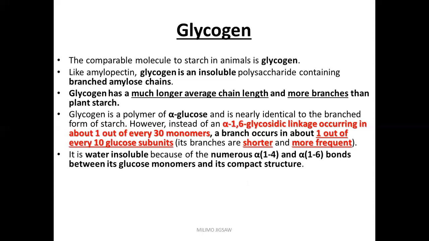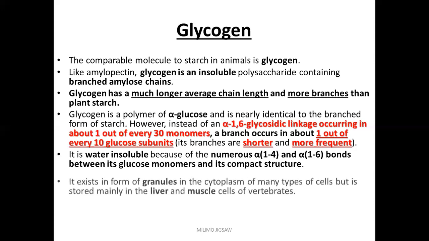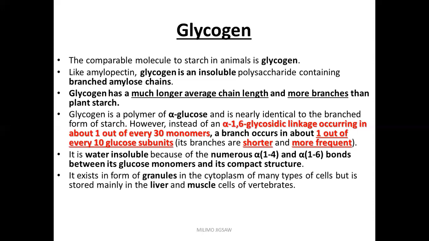And then it is insoluble because of the numerous alpha 1,4 and alpha 1,6 bonds, and also because it has a compact structure. When you look at glycogen, it occurs in the form of granules that are found in the cytoplasm.